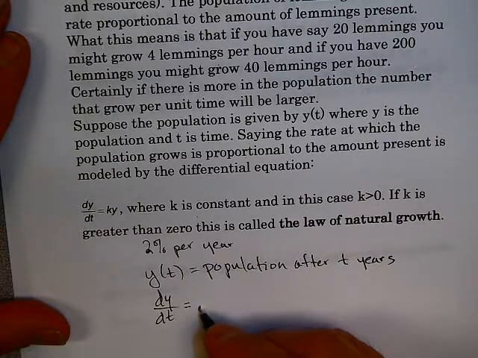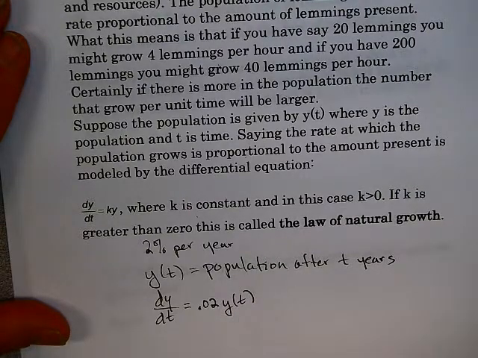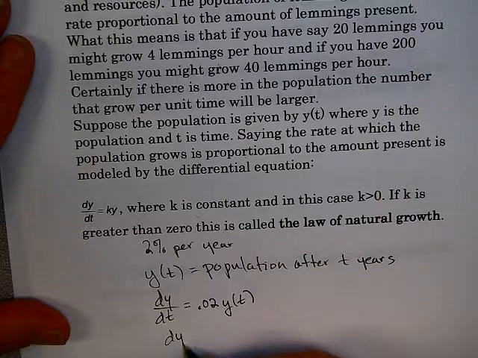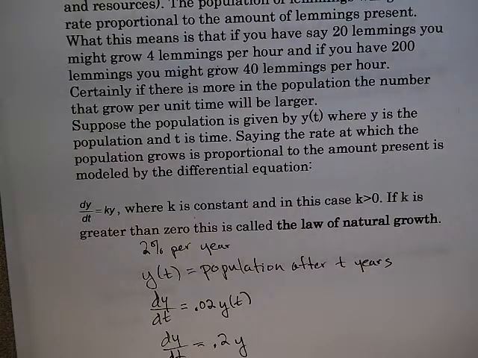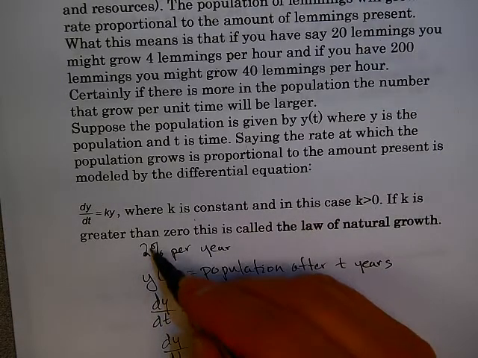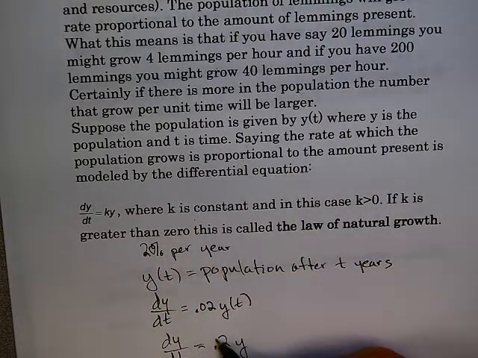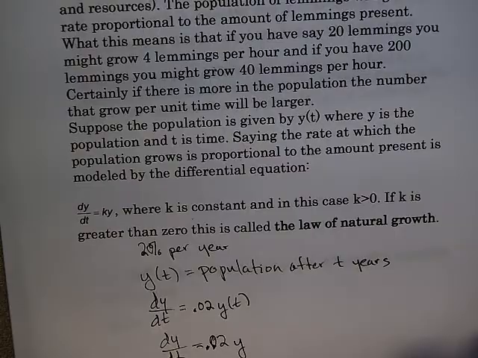And you say that's going to be 2% of the current population, right? So this right here, and we don't normally write that of t there, represents a differential equation. This is called a differential equation, and this is the example that we have. We have rate of growth equals 2%. I wrote 20%, not 2, right there, so that would be 2%, okay? So that's 2% per year.